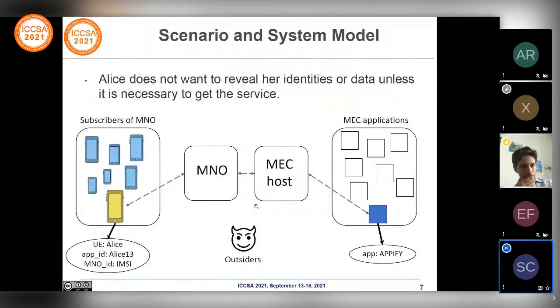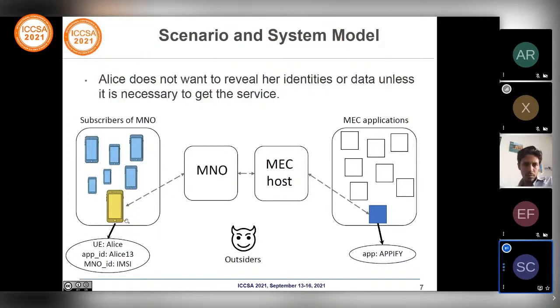First, we came up with a scenario and the system model. Here you can see the system model. We have one user, we call her Alice. Alice wants to use this blue MEC application, and the communication between them goes through these dashed lines over the MNO and the MEC host.